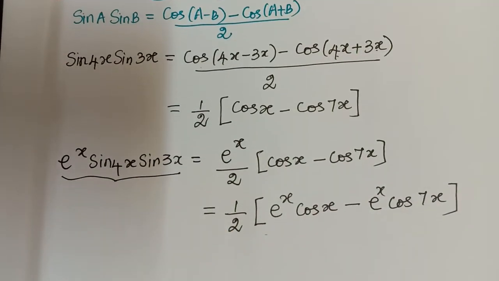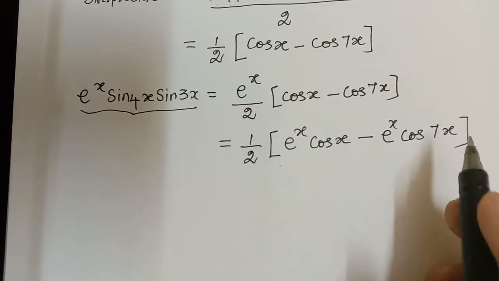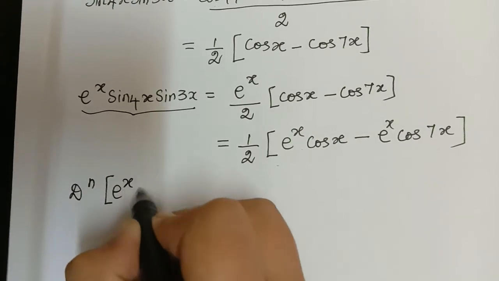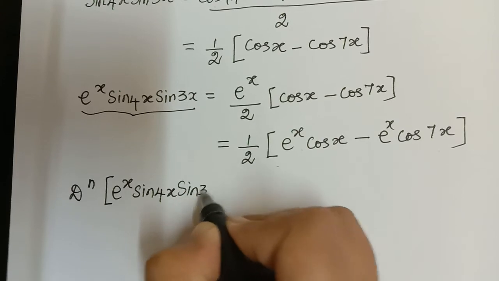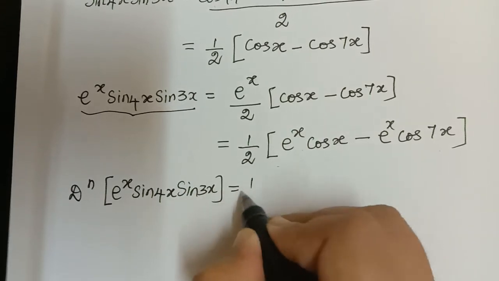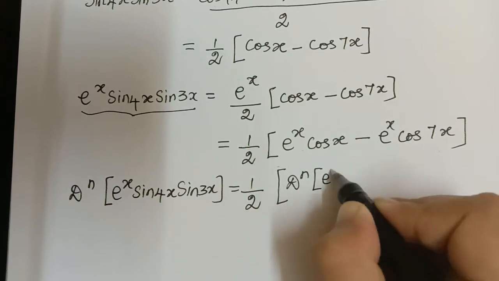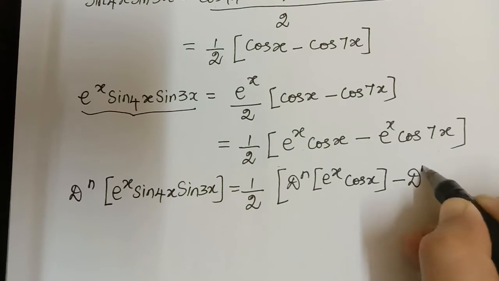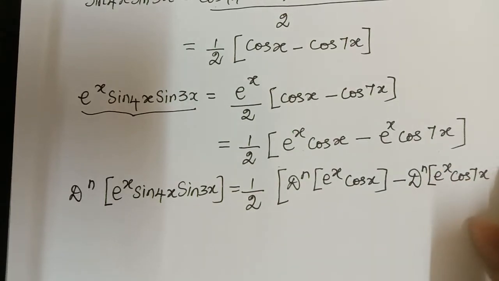So the nth derivative of this will be equal to the nth derivative of each term separately. So the nth derivative of e power x sine 4x sine 3x is equal to 1 by 2 of the nth derivative of e power x cos x minus the nth derivative of e power x cos 7x.